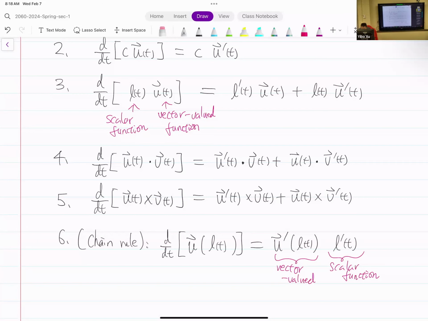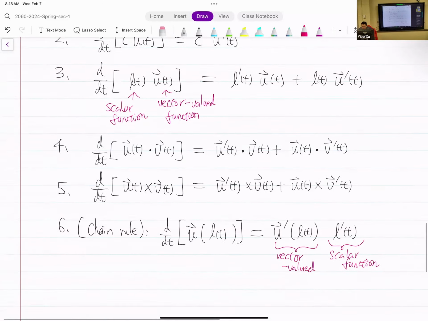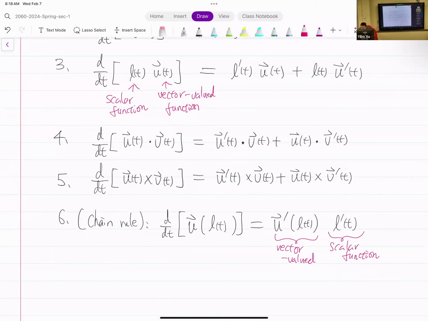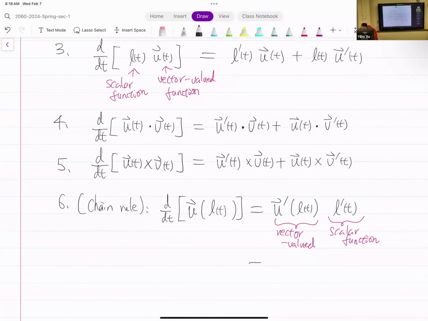So you can expect that this little l prime can be put in the front. This is actually a scalar multiplication. So this is exactly l prime of t scalar multiplying u prime evaluated at l. Okay.